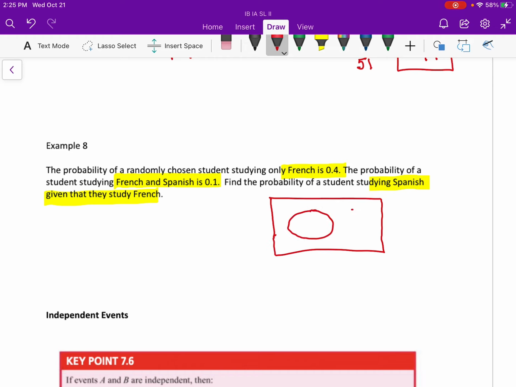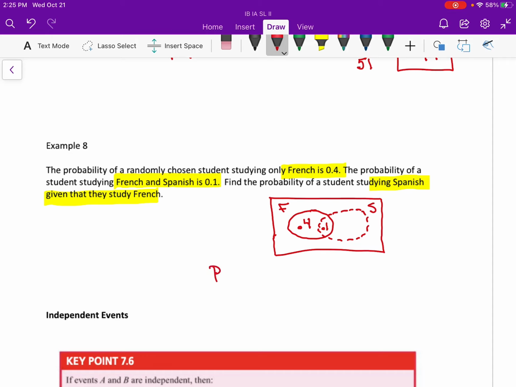So we basically have the French students. The only French goes in here, so no overlap. Probability of studying French and Spanish is 0.1. So this is Spanish out here. So find the probability of a student studying Spanish given that they study French.